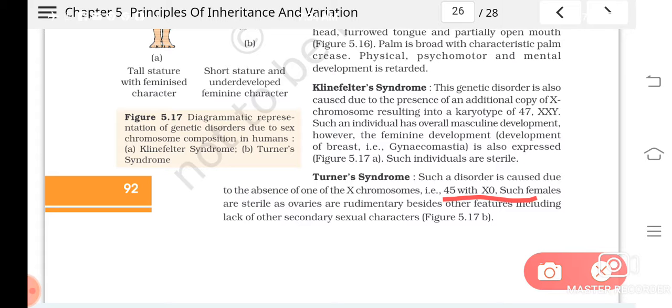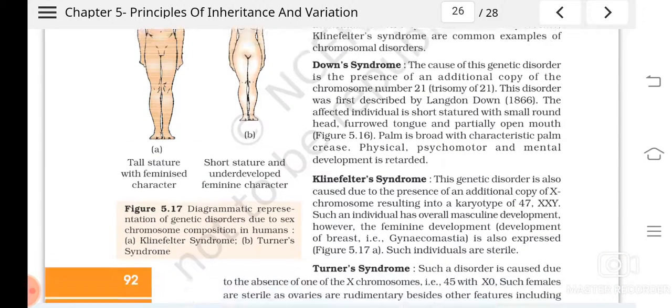And secondary sexual characters are also lacking in them. So Turner syndrome is a kind of monosomy, where the symptoms are: they are females but sterile, ovaries are rudimentary, and secondary sexual characters will be lacking. So these are the examples of chromosomal disorders.